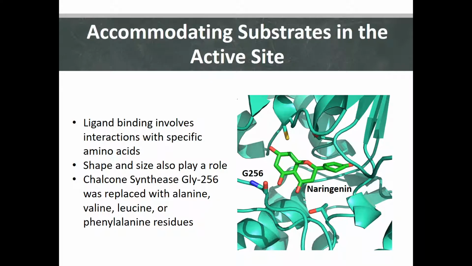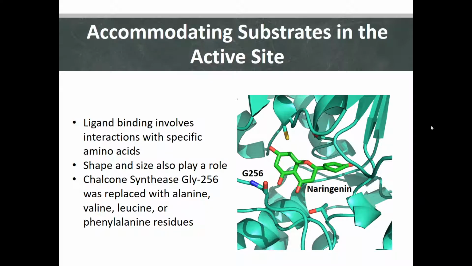This is interesting because at this glycine 256 position you can start making mutations that incrementally increase the size of the R group at this position. By doing this, you are decreasing the volume of this particular lobe of the active site, and you prevent growth of the product that is going to be formed.